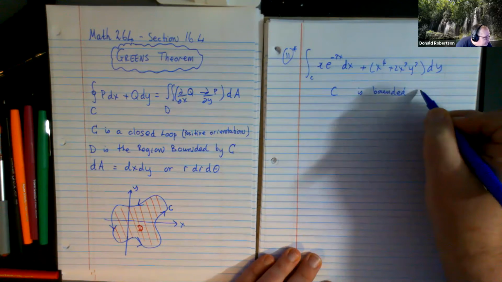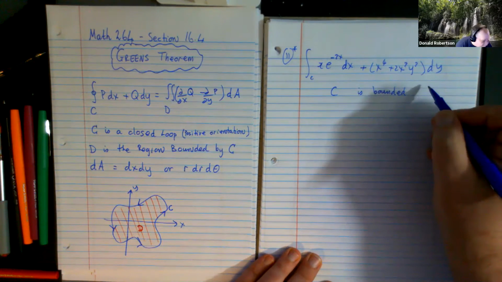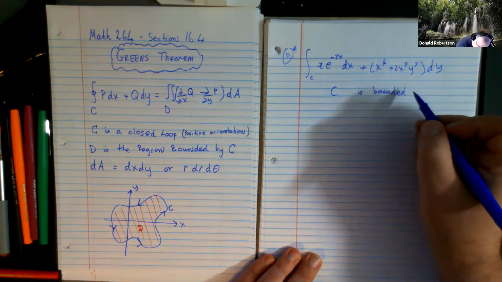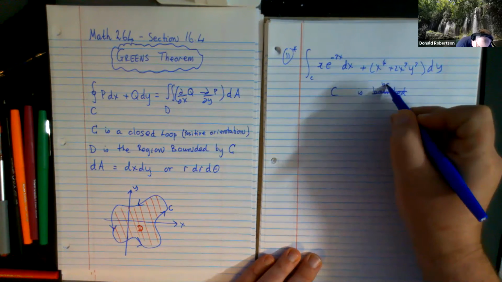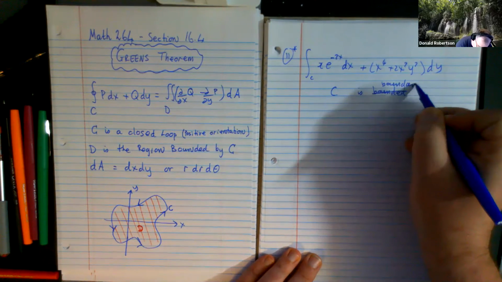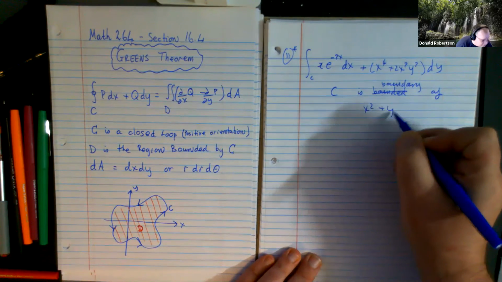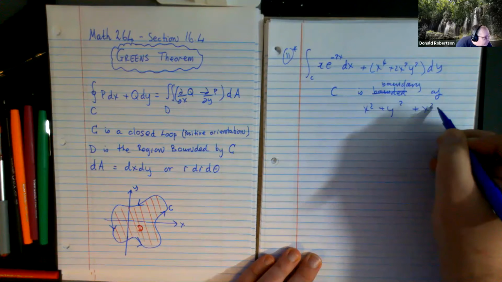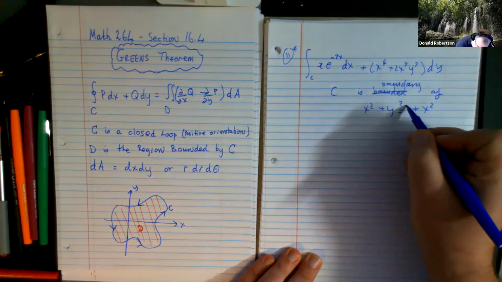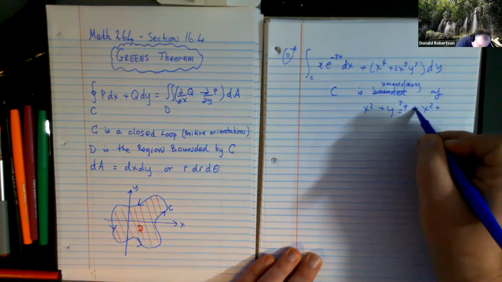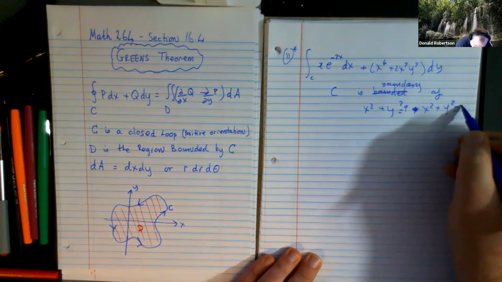C is the boundary of x squared plus y squared plus x equal to 9. And x squared plus y squared is 49.